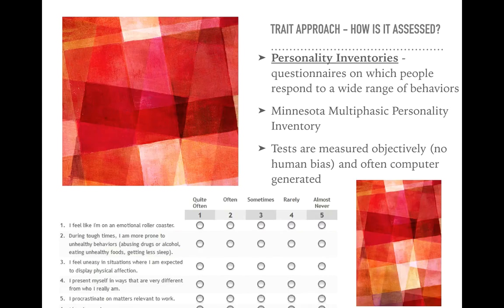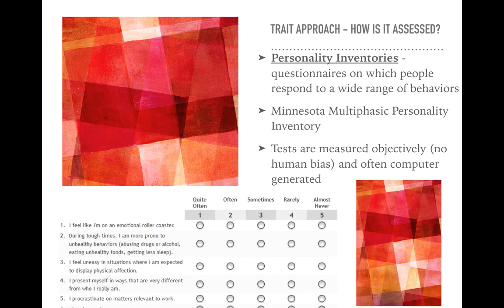One of the questions that we oftentimes ask when we're looking at personality is, how do we assess it? How do we measure it? What are some ways that we can come up with a description of your personality? For the trait approach, what we typically look at is personality inventories, and like I said, you're going to take a couple over the next couple days.